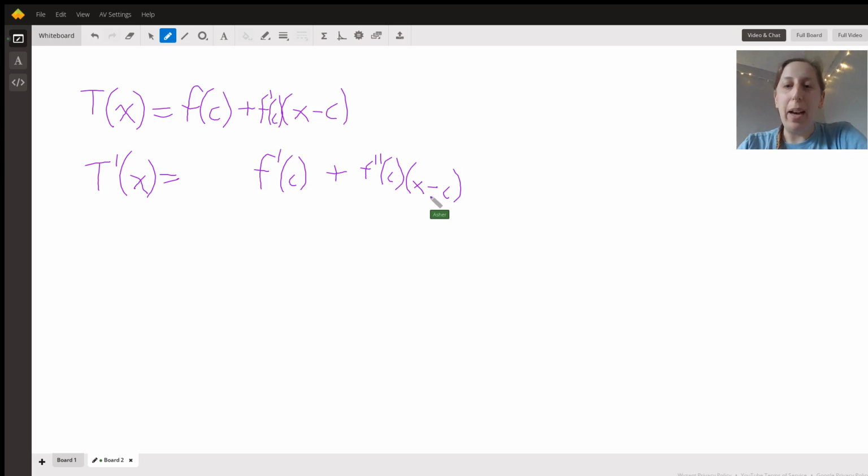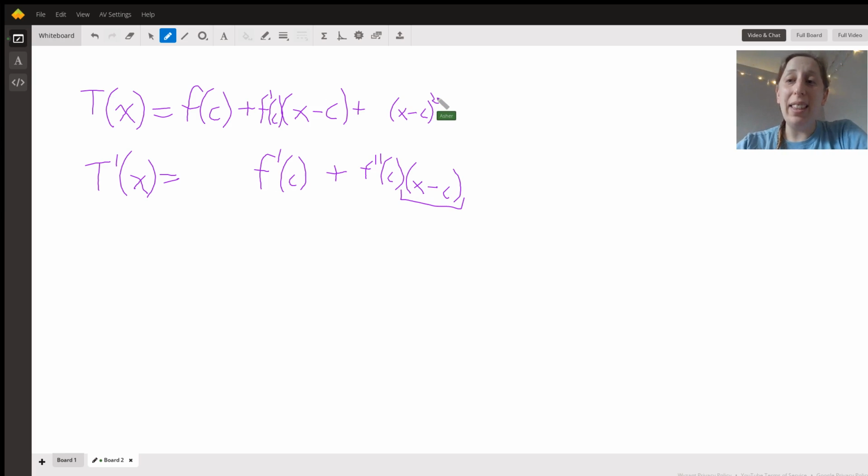But now if I want to go backwards, if I am anti-differentiating, integrating the second term here, the derivative of a quadratic is what gives me a linear component. So in order to get that bit here, I'm going to need to have an x minus c squared.